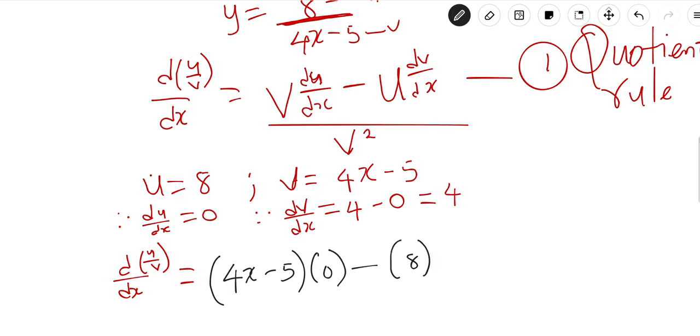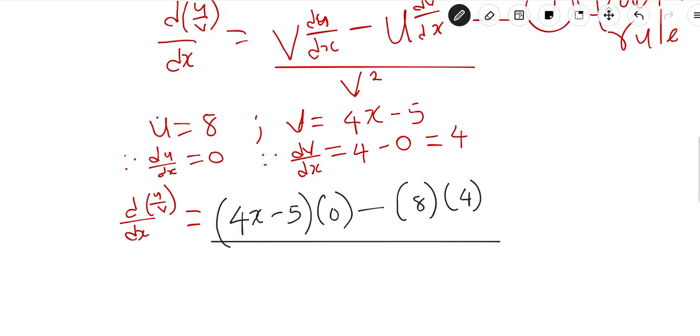Now the dv over dx is 4. This is all divided by our v squared. Do you know what our v squared is? Our v is 4x minus 5, all squared.